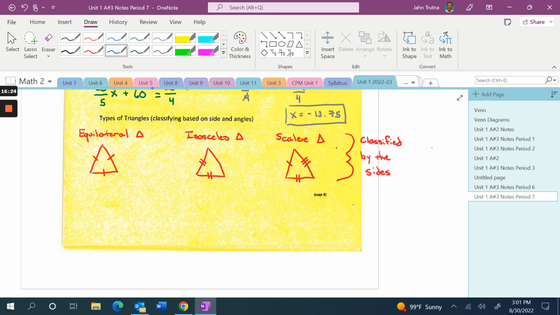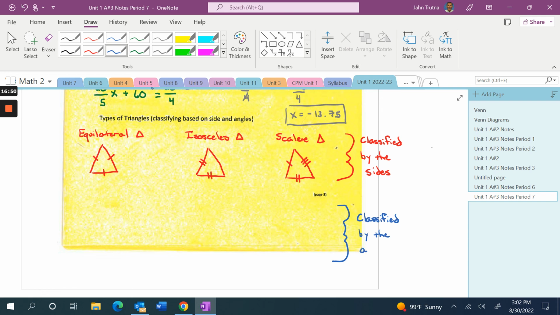All right? But here's the catch. Triangles just don't have sides. What else do they have? They have angles. So there are ways to classify triangles by the angles.